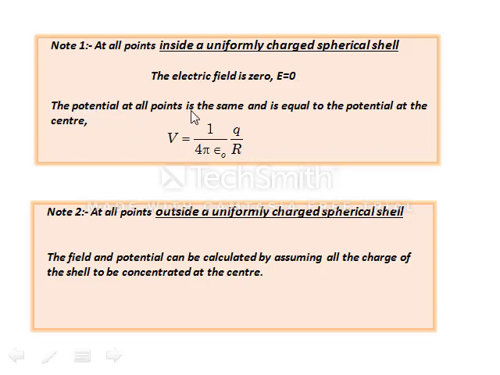So the potential at all points is the same and is equal to the potential at the center, and that is 1 by 4 pi epsilon naught q by r, where r is the radius of that shell. Then for the field and potential at any point outside the shell, they can be calculated by assuming all the charge of the shell to be concentrated at the center. Okay, that's all.